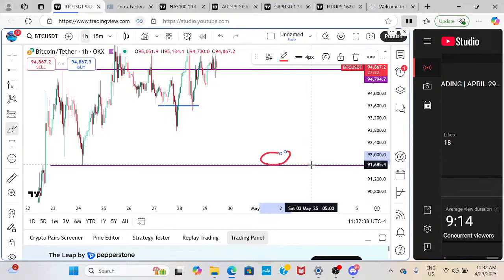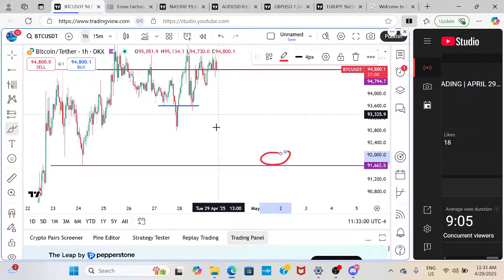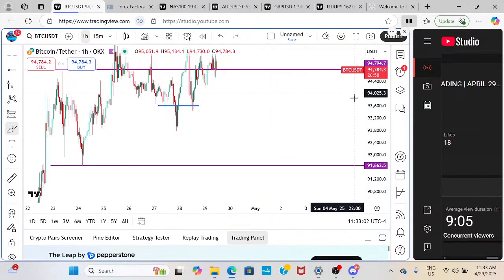Okay, so between 91,660 and 92,000 would be an area to look for a buy on Bitcoin.